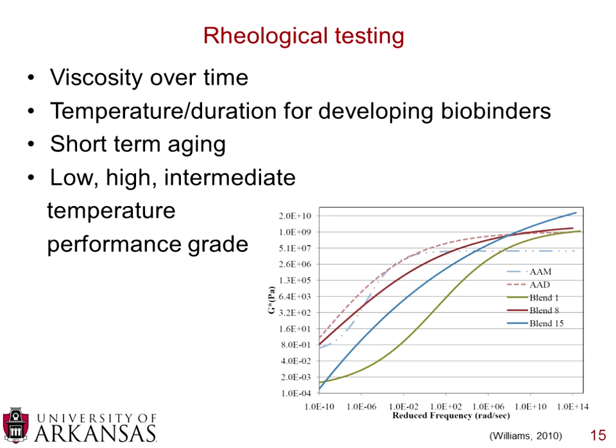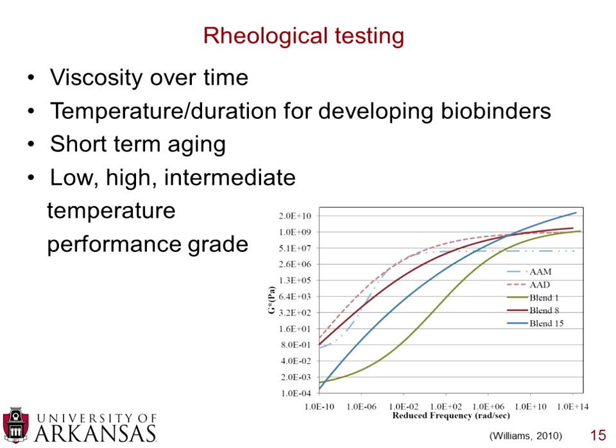So we went over the physical testing, a little bit of chemical testing, and then their rheological testing. They looked at viscosity over time. They also looked at the temperature and duration for developing biobinders. That goes back to the heat treatment, trying to produce these biobinders appropriately.